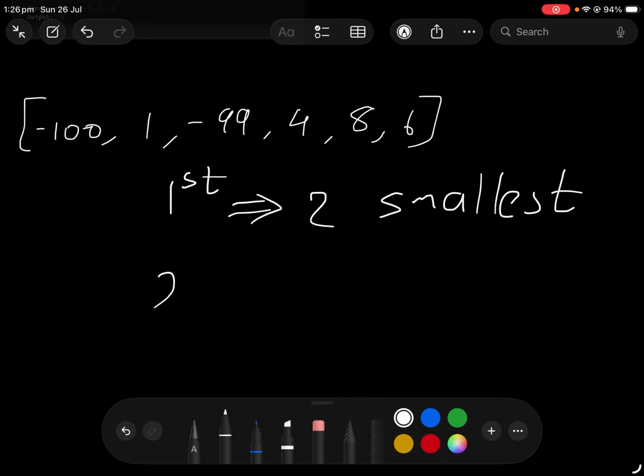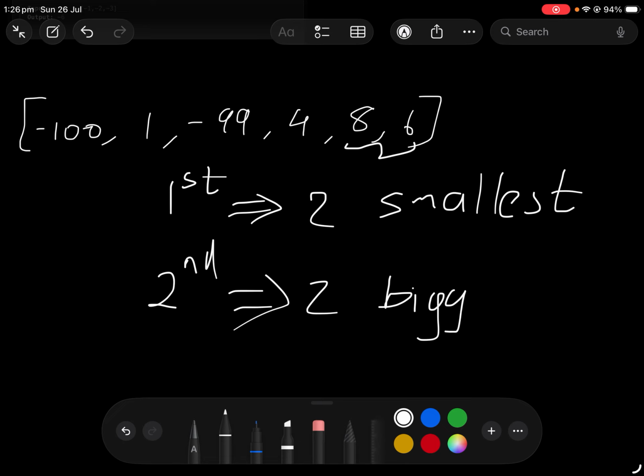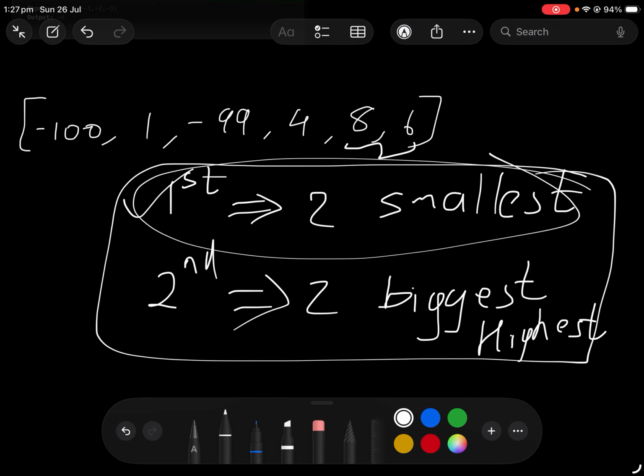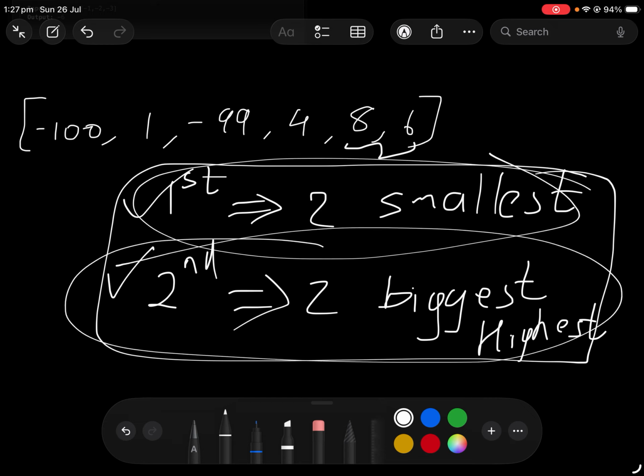The second possibility is multiplying the two highest numbers in the array. I'll then check which of them is greater. If this is greater, I'll return this answer, and if this is greater, I'll return that answer.